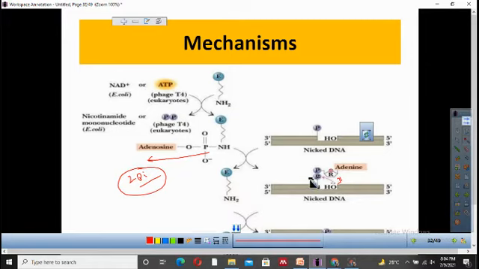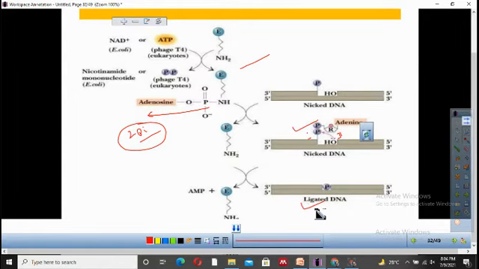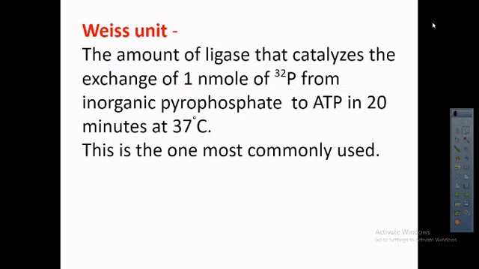This is the 3 prime and this is the 5 prime. So adenosine will interact with this one to form the pyrophosphate bond. And then the nick is sealed by the nucleophilic attack, and the ligation occurs here. So this is the complete ligation. One is the adenylation process, then here is the transfer of the pyrophosphate, and third is the ligation. So these are the steps under the mechanism or the catalytic action of the ligase.